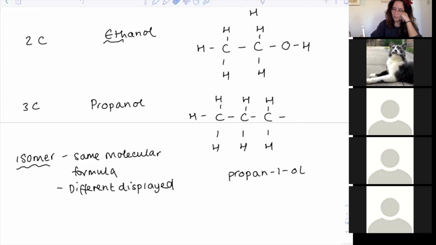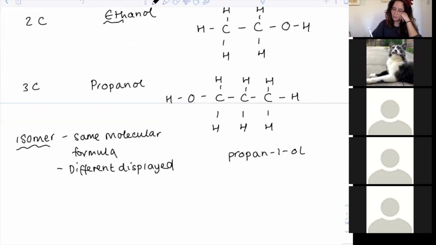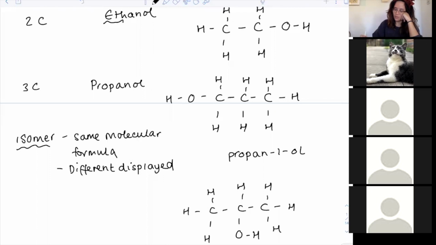If you're not happy with that being the first carbon, then I'll just rearrange it for you here. I promise this is exactly the same as what I just drew. So that's propan-1-ol, but we can see that there's an alternative place to attach the OH. We could attach it to the second carbon here, and still have a perfectly functioning molecule.